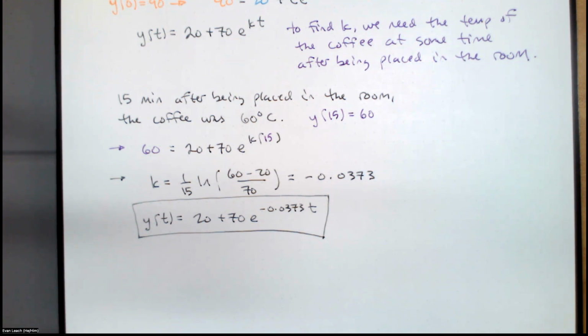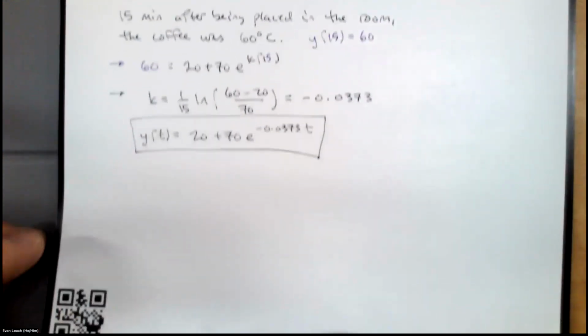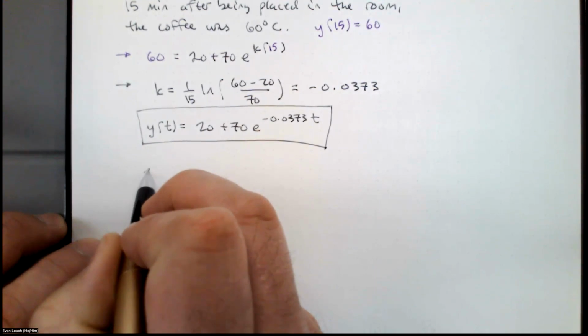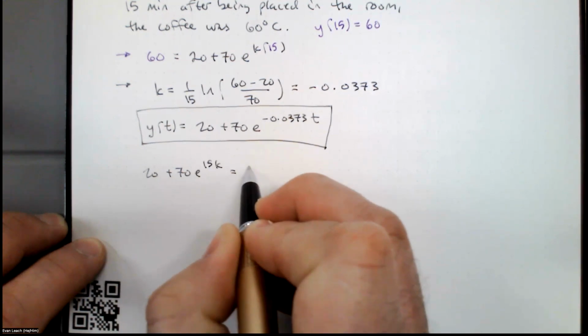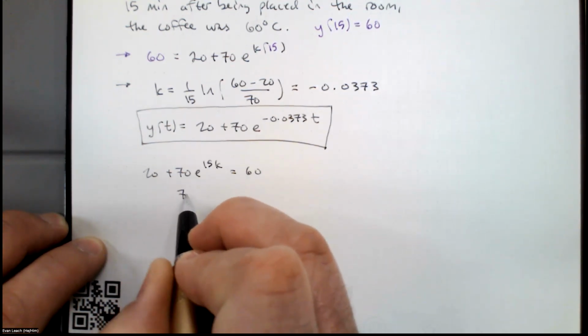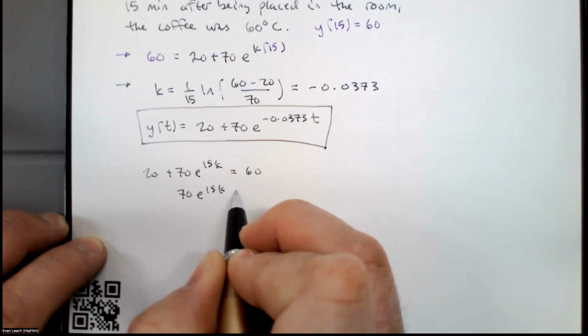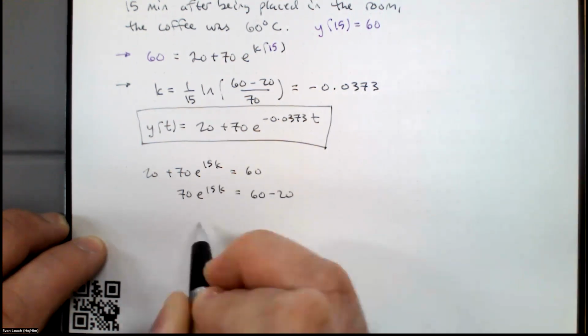Yeah. How do you think the natural log... The 15 is in front of the K, so it'd be 15K is equal to the 60 minus 20 over 70. Right, so the steps in between: we have 20 plus 70e to the 15K. First, we subtract the 20. And then we divide by the 70.